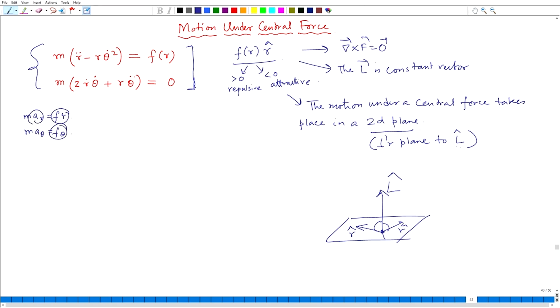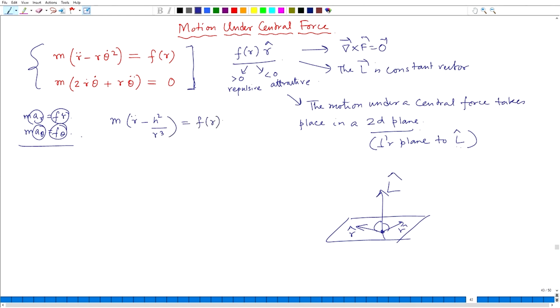They are the radial and the cross radial components of the force, and the radial and the cross radial components of the acceleration. Finally, we have shown that the whole system of equations becomes like this: m r double dot minus h square by r cube is equal to F of r.